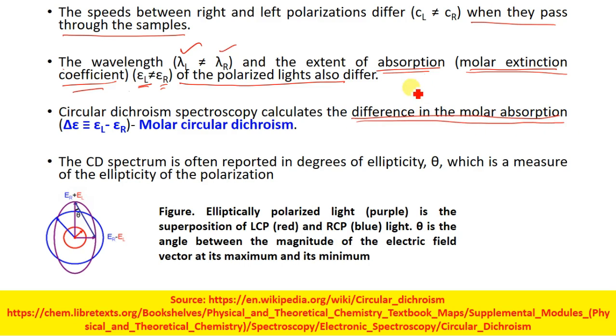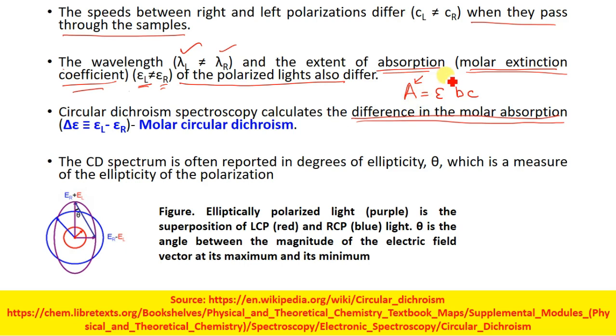If you remember carefully, during our UV visible spectrophotometry we had A equals epsilon BC, where A was the absorption. Now we have talked that there is a change in the absorption.